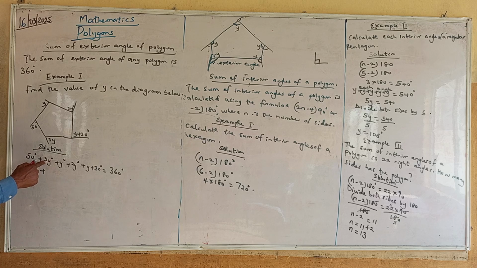plus 3y plus 1y. The coefficient of y here is 1. That's 4y plus 2y, 6y, then plus 1y, that's 7y, equals 360 degrees.